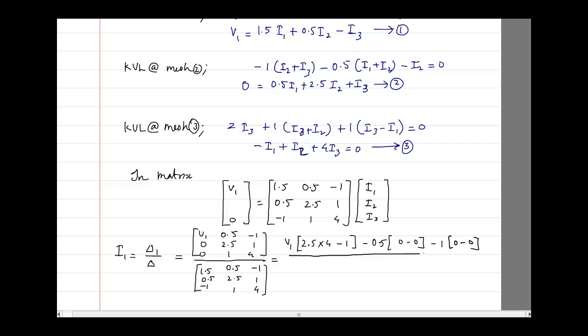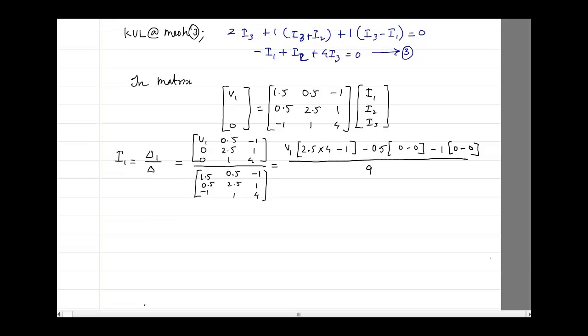And now in the denominator, if you solve it, you can try on your own, you will get the answer as 9. So I1 becomes, from this one, 2.5 times 4 is 10, 10 minus 1 is 9, so it is 9V1 divided by 9, which comes out to be V1.